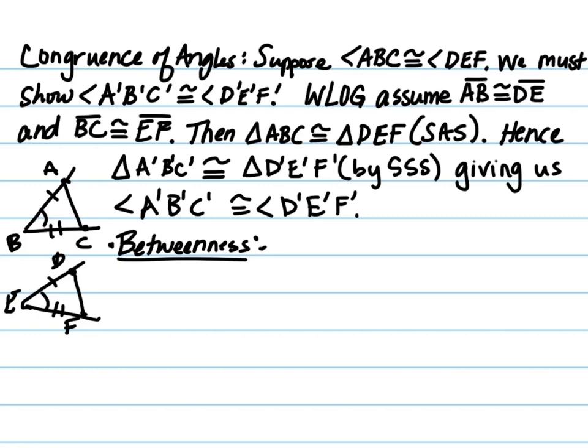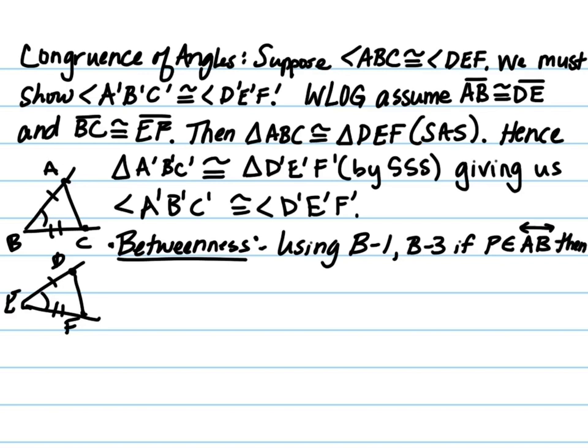So for betweenness, using the betweenness axioms that we have, B1 from before, B1 and B3, if P is incident with, or lies on, I'm going to put it like this, P is on line AB, then either A P B, so P is between A and B, P is before A, or P is after B, right?